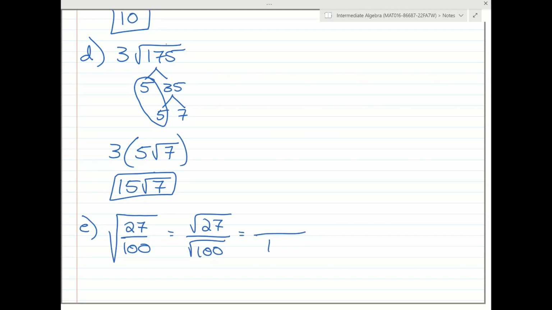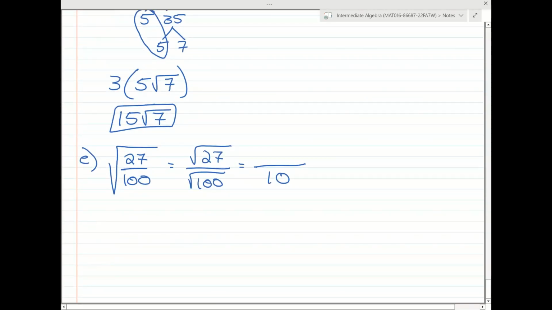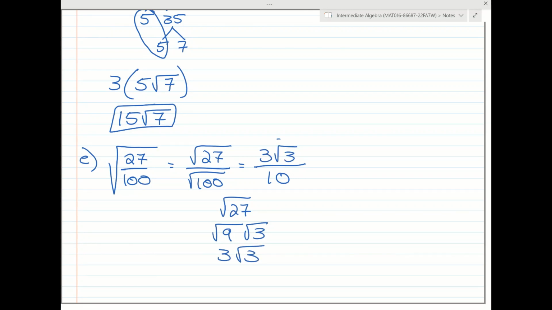Square root of 100 is just 10. Square root of 27 isn't perfect though. But I do know that 9 is a perfect root that goes into 27 3 times. So the top would just be 3 root 3. So we simplify the top and the bottom, and that would be our answer.